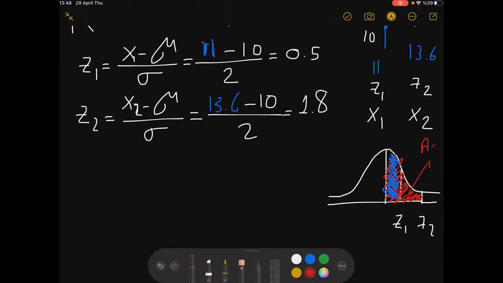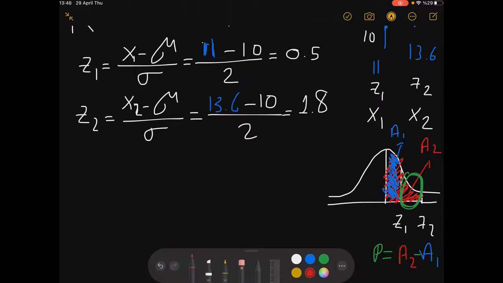This is your A2 and this is your A1. So the area under this curve, the green area, would be your probability, A2 minus A1.